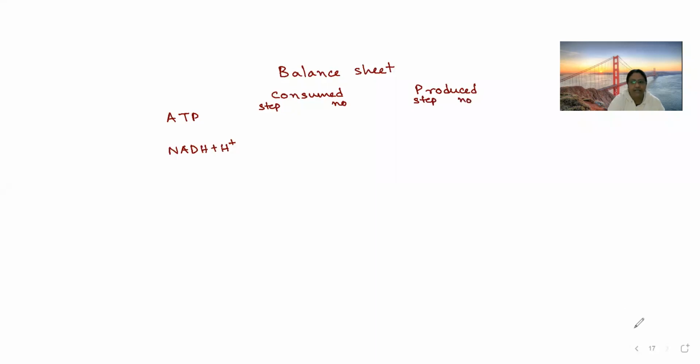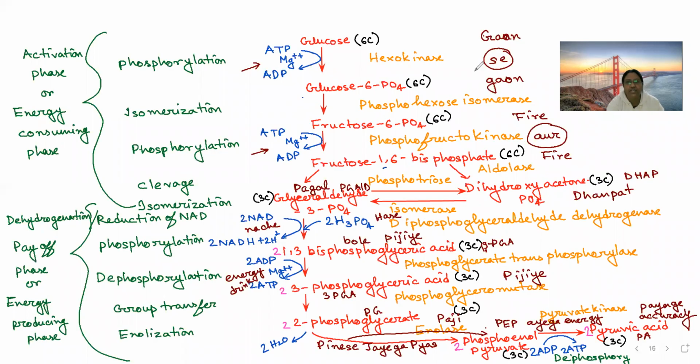How to do that? If I prepare the balance sheet, first thing I can do is I can definitely write down the number of steps. So this is my first, second, third, fourth, fifth, sixth, seventh, eighth, ninth, and 10th.